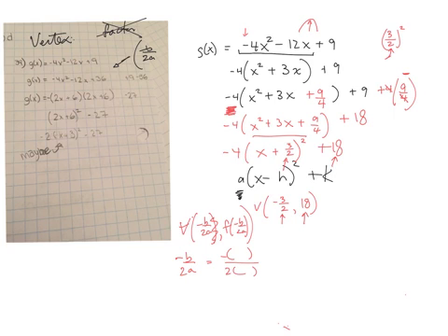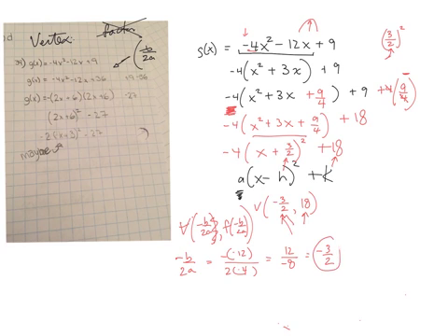So b is negative 12, and a is negative 4. So that's equal to a positive 12 over negative 8. And if I simplify that, I think it comes out to negative 3 over 2, which is what we got right there, doing it the other way.